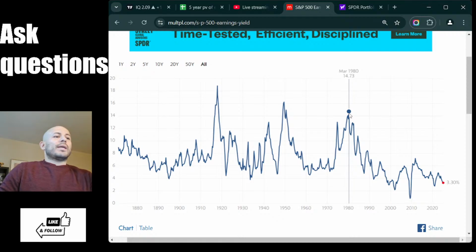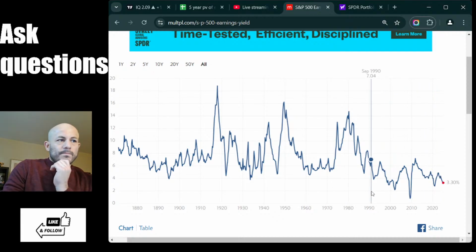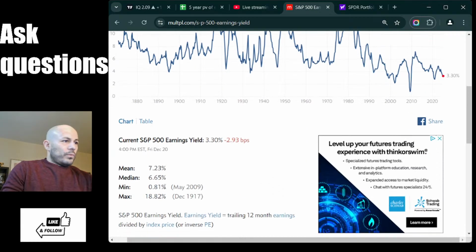So there are times when the S&P yields over 10%. There are times when it yields less than 3. So what is the median? Just like the PE of 15 to 16 being the average, the median and mean yield is close to 7%, which makes sense.